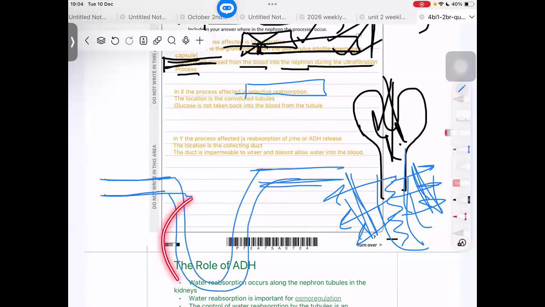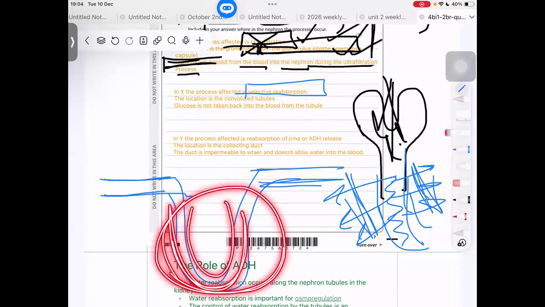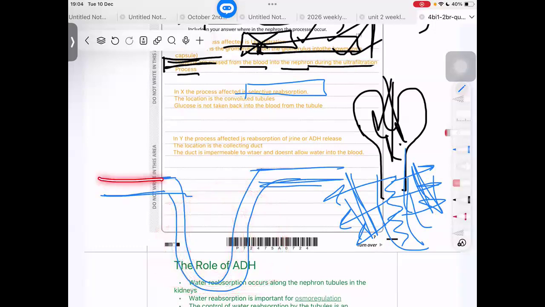This U-shaped structure over here is the loop of Henle, right? These two structures are the convoluted tubules. So you can mention the location is the convoluted tubules. And you can further explain it like this: glucose is not taken back into the blood from the tubule.